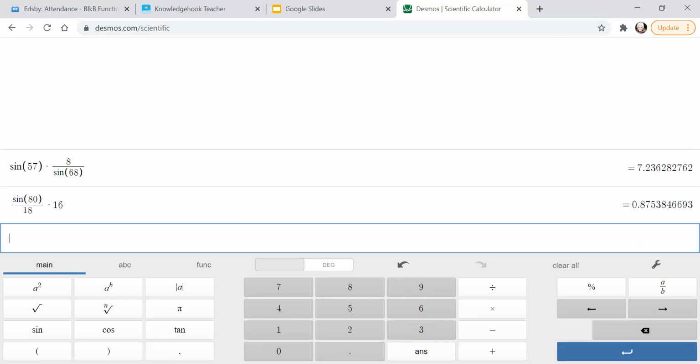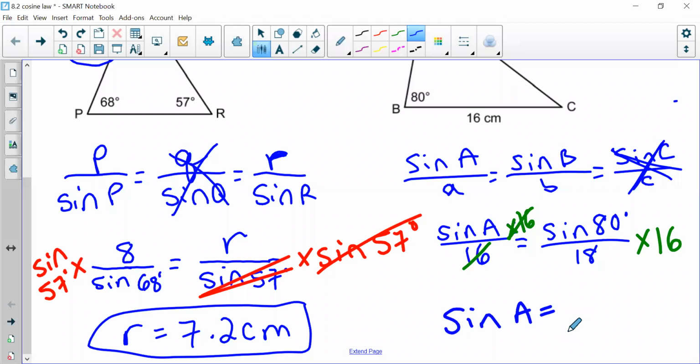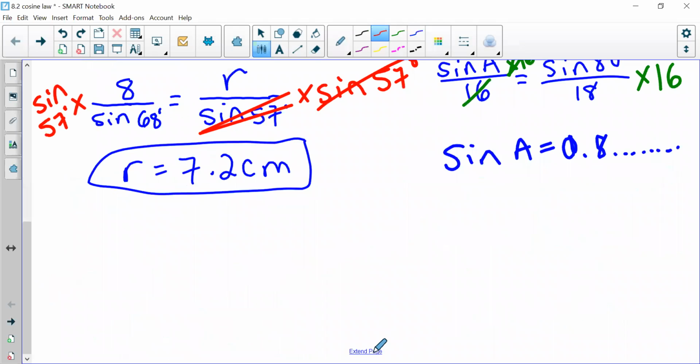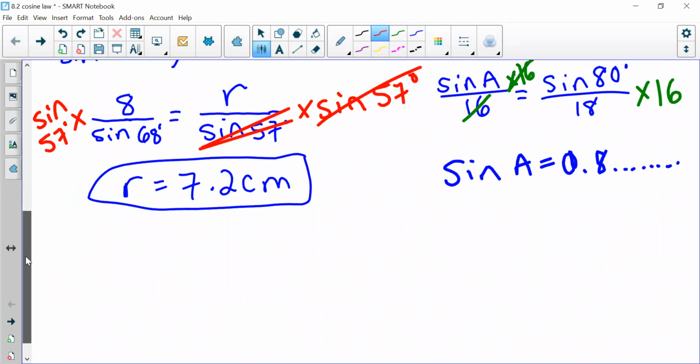No. Good. So when you look at your formula, that's what sine of A equals, 0.8 and so on. But how do I turn that into an angle measurement? This is the sine of A. So how do I get sine off of A?